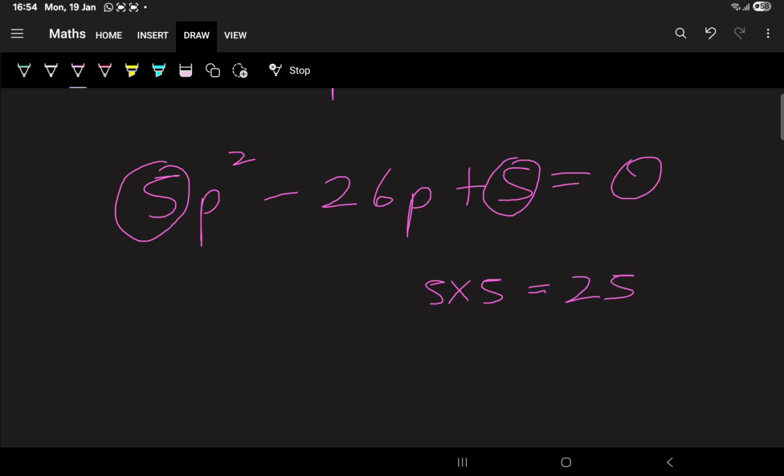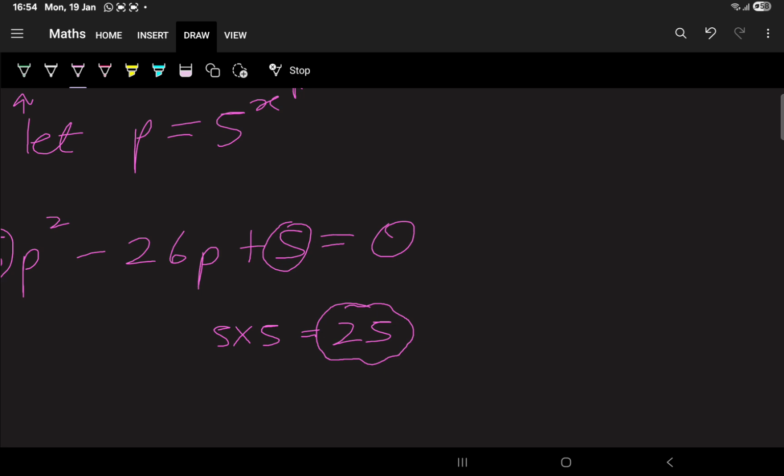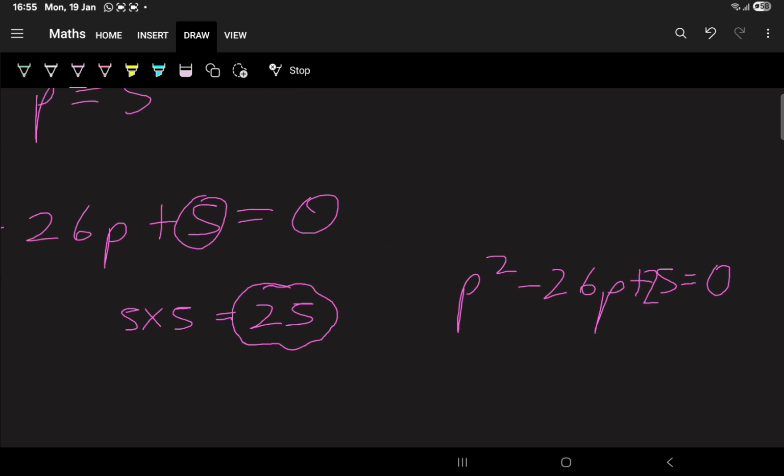So now this is going to be the reference term I'm working with, kind of how we had in the original example, p squared minus 26p plus 25 equals 0. Then we're looking for two numbers that we could multiply to give 25 and add to give negative 26.